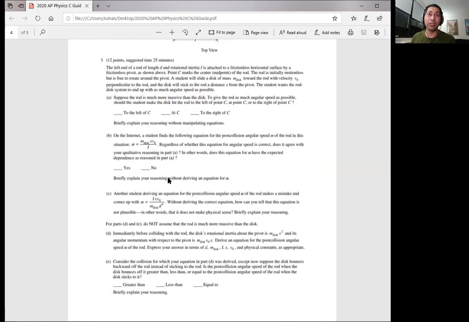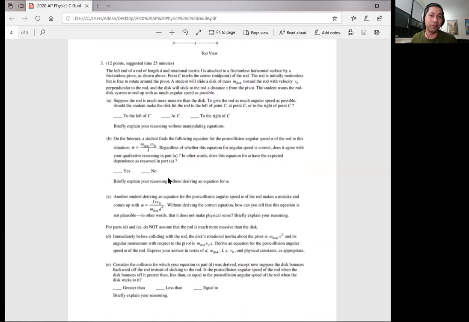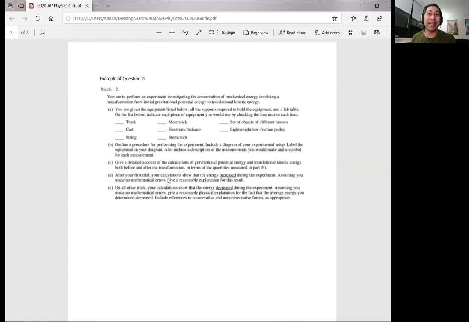The second type of question I've talked about as well during the review session, which is a lab-based question where you have to create a lab and then describe how you would find the inertia of something or the energy, or you're trying to prove that angular momentum is conserved. How would you do that? And again, there is no single right answer for this. There's multiple ways to design a lab where you can prove something.